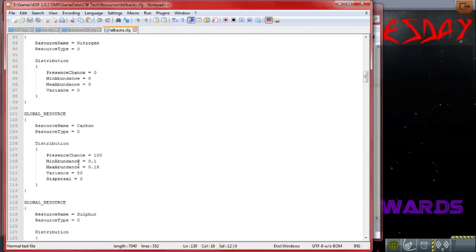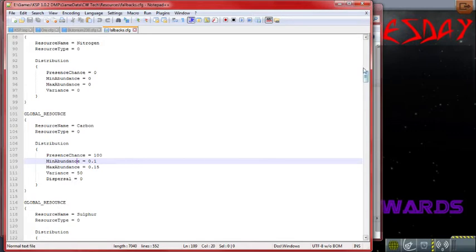What we do want to find is we have a global resource for carbon. Do we want to leave it? I think we can all safely say that carbon's going to be present in small amounts everywhere throughout the system.